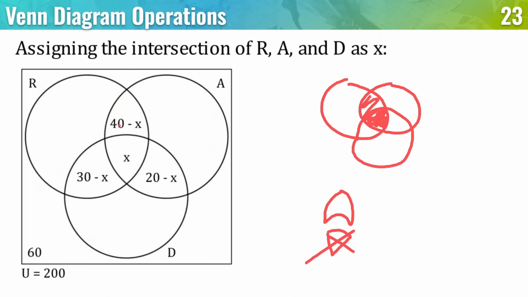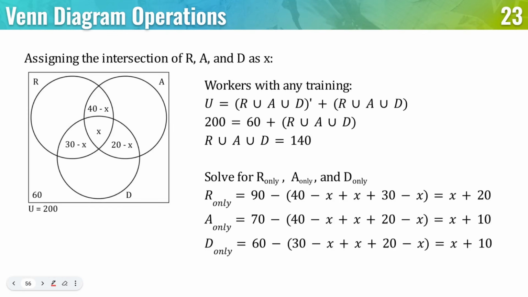So that's why we have 40 minus X. Similarly, for the others, we have 30 minus X and 20 minus X. Now, when we have that, we can also find the workers with any training. So we know that the workers with no training are 60. So 200 minus 60 is 140.